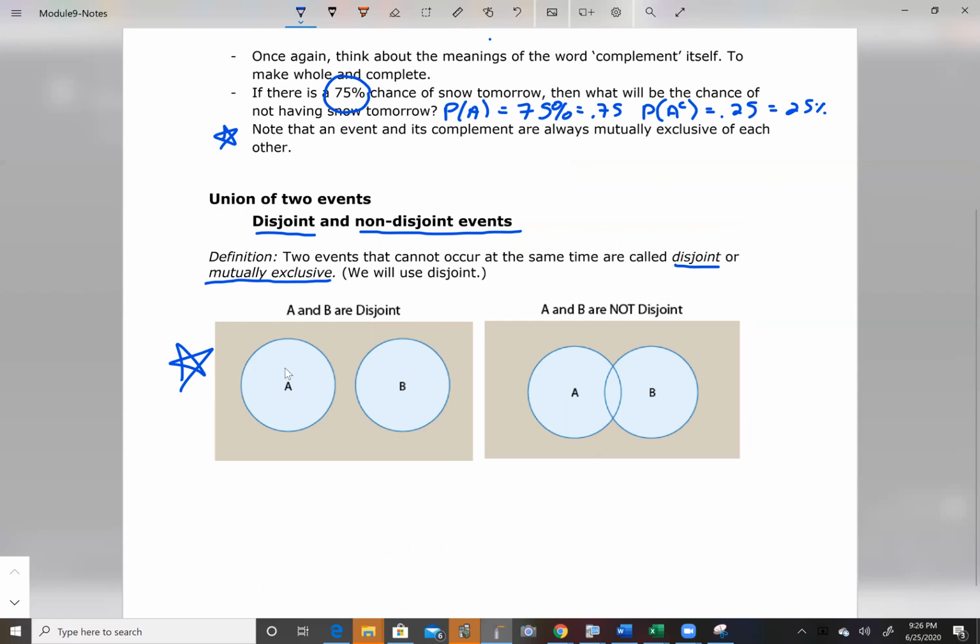That means whatever is in A, this heart, can absolutely not be in B. And whatever is in B, let's say this rectangle, can absolutely not be in A. Okay, if they are not disjoint, that means that, say, both of them could have a heart in them. It could be in both A and B. You would only put it in once.